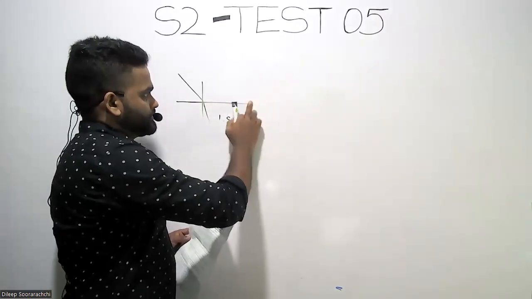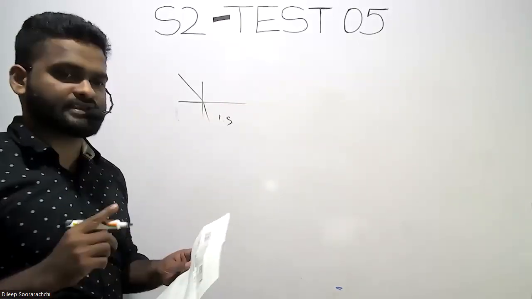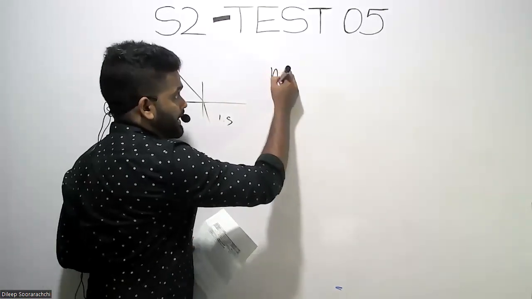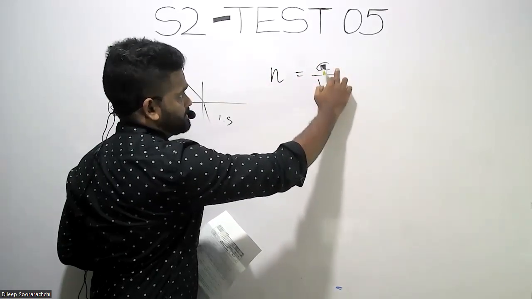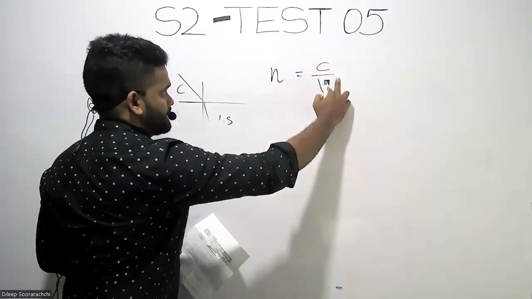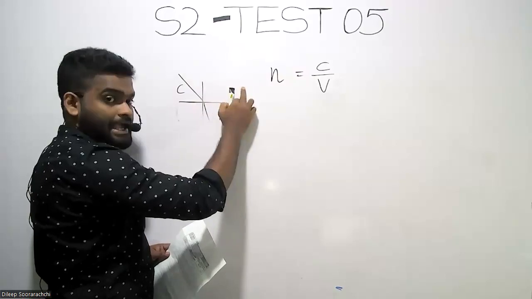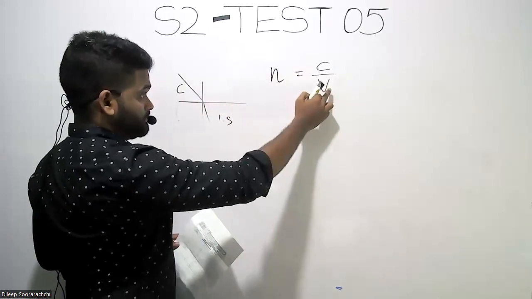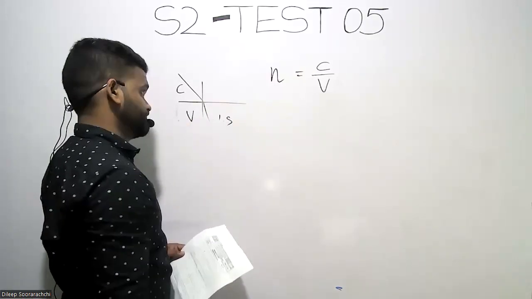I'll explain this further in optics. For now, you know this equation, n equals c divided by v. c is the speed of light in a vacuum, or approximately air. Then v is the velocity in the medium.